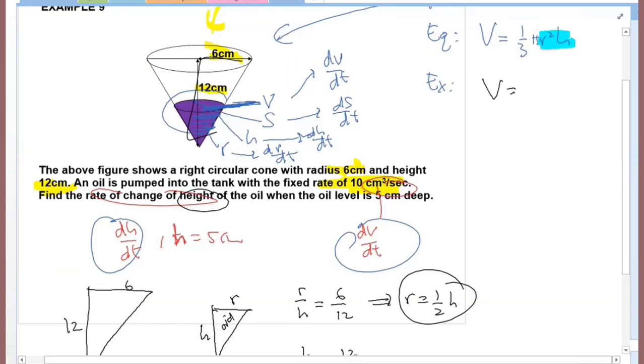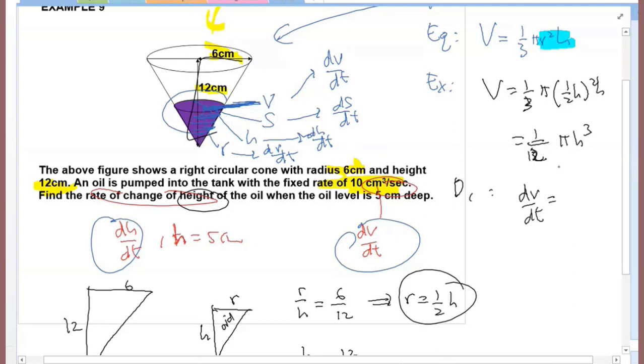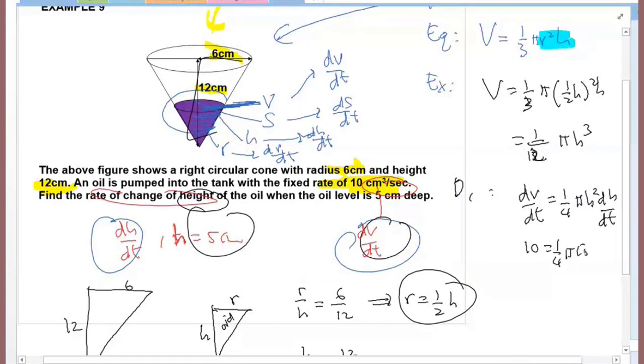V equals 1/3 pi (1/2 H) squared H, which is 1/12 pi H cubed. Differentiate with respect to T directly: 1/4 pi H squared dH/dt. Given dV/dt is 10, and H is 5, so 10 equals 1/4 pi times 5 squared times dH/dt.